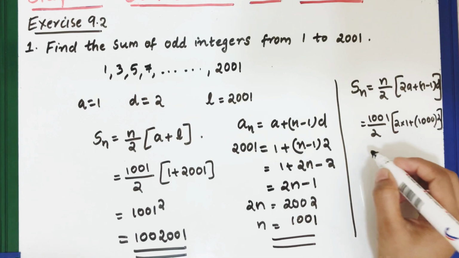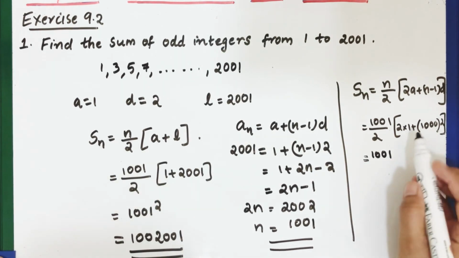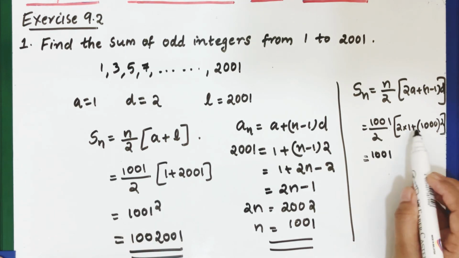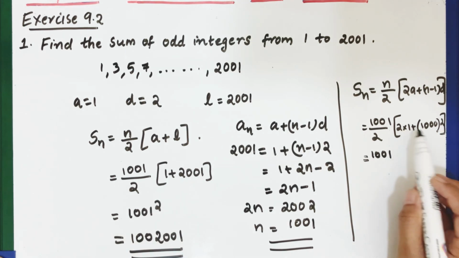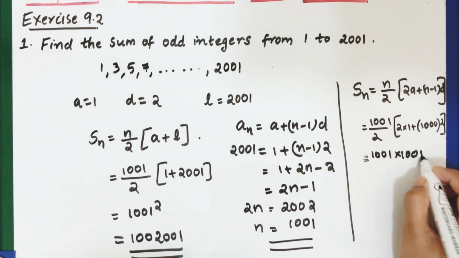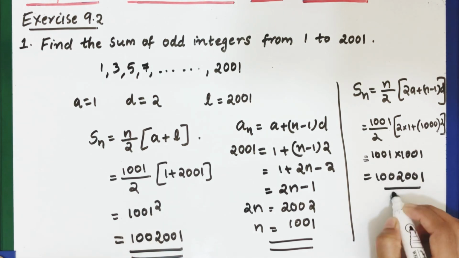Just substitute and expand. Now 2 plus 1000 into 2 is 2000, 2000 plus 2 is 2002, divided by 2 is again 1001, which is equal to 1002001.